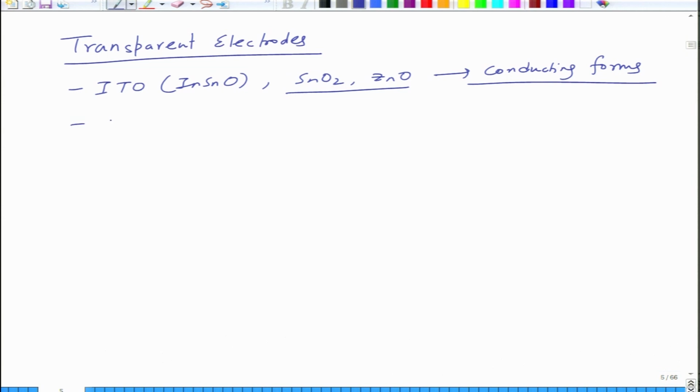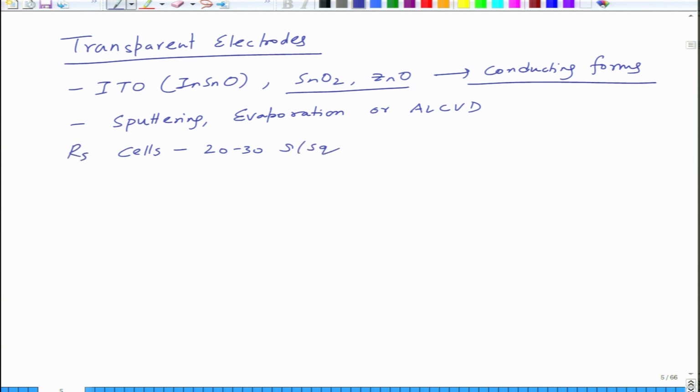They are generally made by either sputtering or evaporation or ALCVD, that is atomic layer chemical vapor deposition. The sheet resistance of these electrodes in the cells is about 20 to 30 ohms per square.